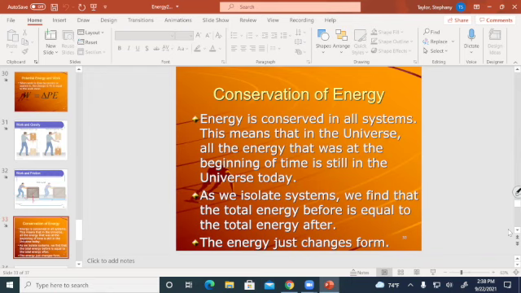This means that in the universe, all energy that was at the beginning of time is still in the universe today. The universe is ever expanding, which just means the energy is accumulating. It goes from one state of being to the next. It doesn't necessarily die. So energy is neither created nor destroyed, only conserved.